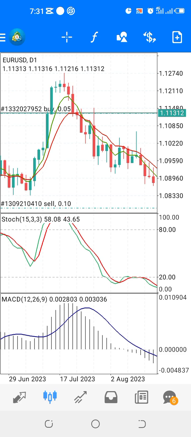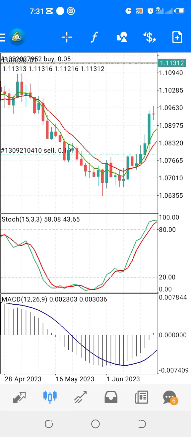If you are satisfied with it, if you like it, then go ahead and put some funds and start trading. So that is that about creating your own trading plans.